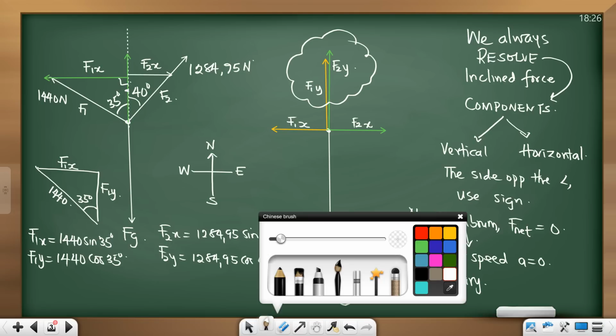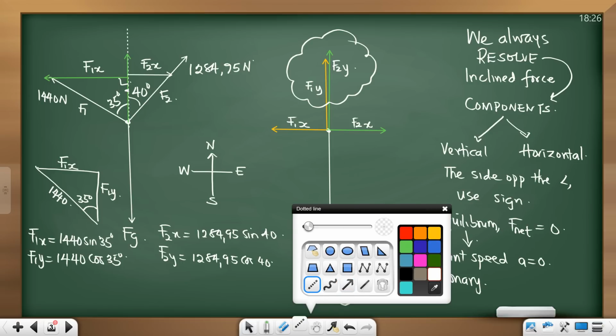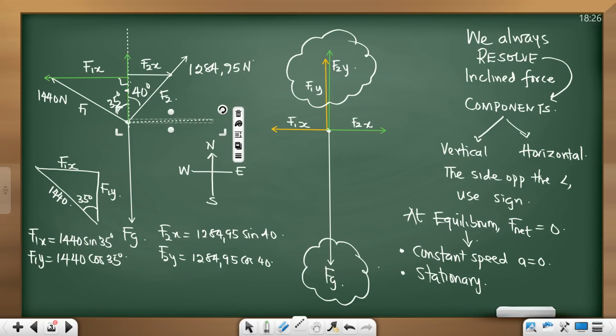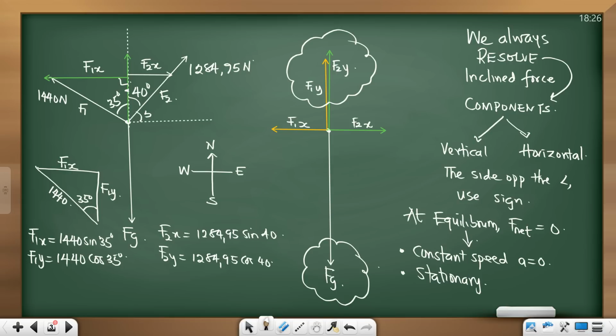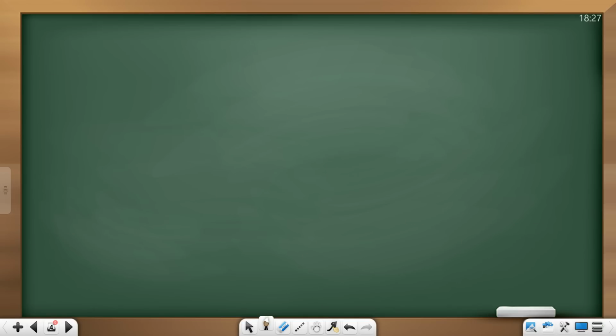Okay, check this. Let me ease your mind. If I were to do this, this angle will be what? 50 degrees, right? Yes, sir. Let's do it on a different page so that it doesn't become too messy.